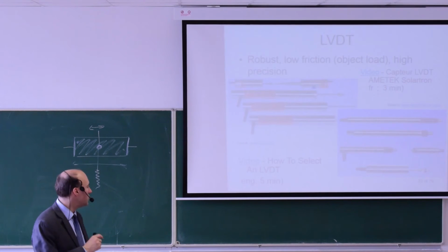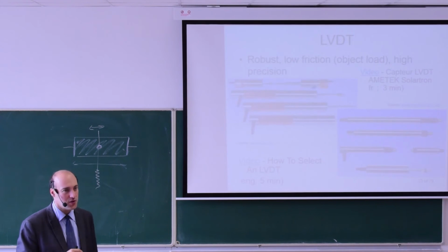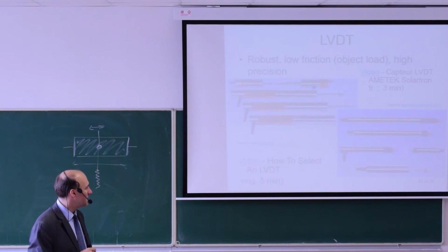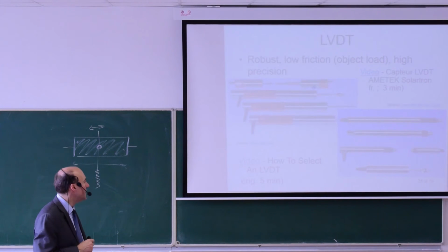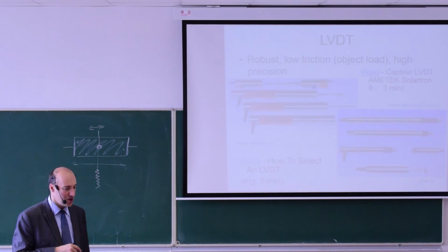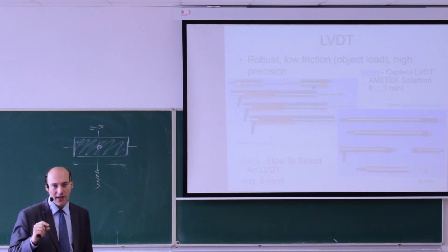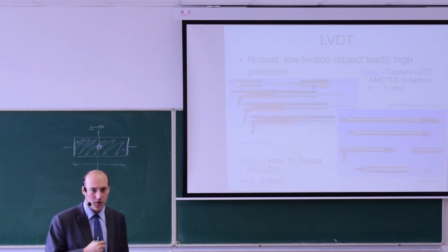We'll use such sensors in the lab classes. In fact, one group has already used them. I think it was group C who was doing the force experiment. So we have used this LVDT sensor to measure the very small bending of a beam that we loaded with the force.